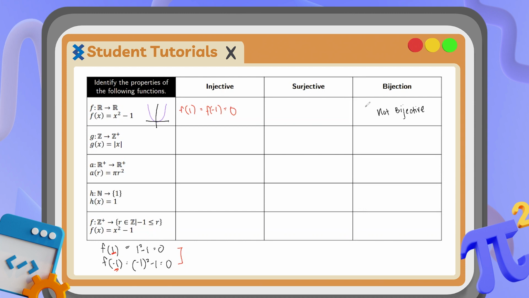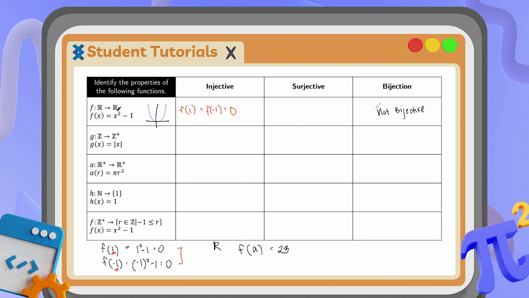Next, is it a surjective function? Well, let's check. Since our codomain is all real numbers, we expect that for it to be an onto function, all values in the codomain are being accounted for in the range. But let's say we have an arbitrary value, f of a equals 23.